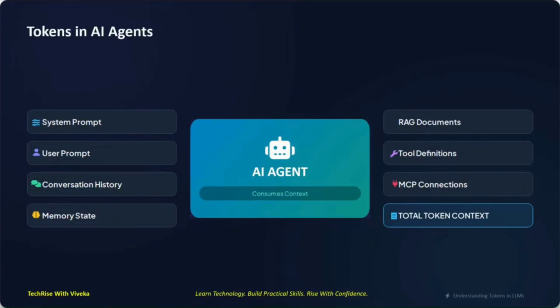It may have a system prompt telling it how to behave. It may have conversation history. It may have information from RAG. It may have access to tools. It may use memory, or it may communicate with MCP servers. All of this contributes to the context the model processes.